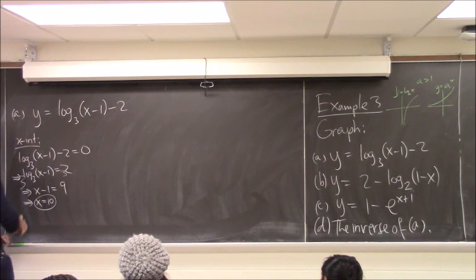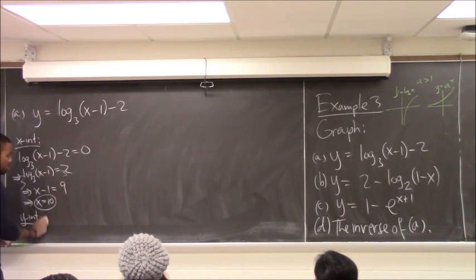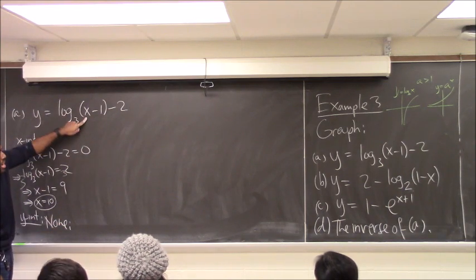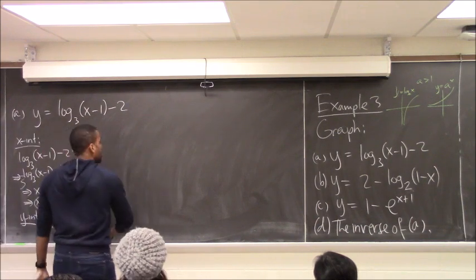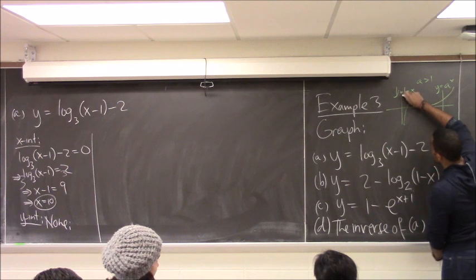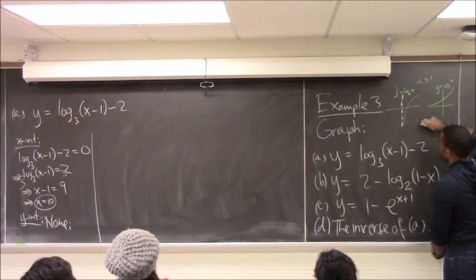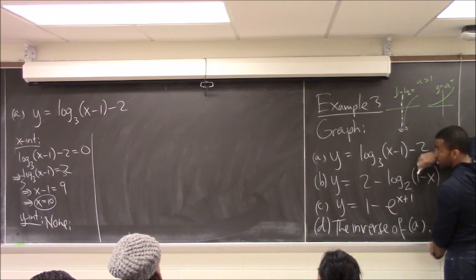Is there a y-intercept? None, right? Because I would plug in x equals 0, but I can't actually plug in x equals 0. In fact, logs, remember, they have an asymptote, right? There is a line that these logs approach, but they can never actually touch. And that happens precisely when what's inside the log is 0.